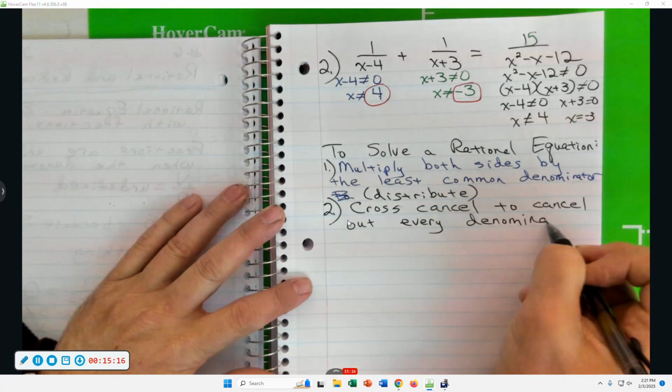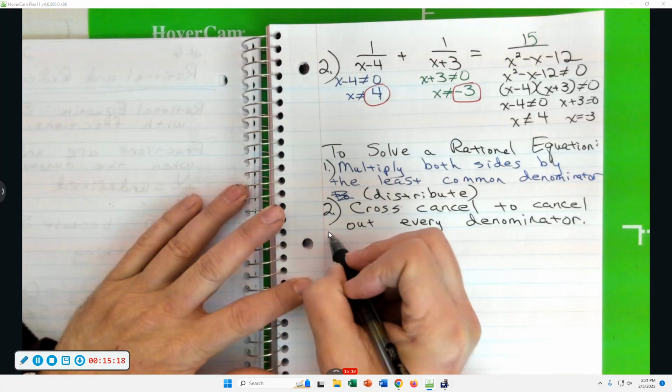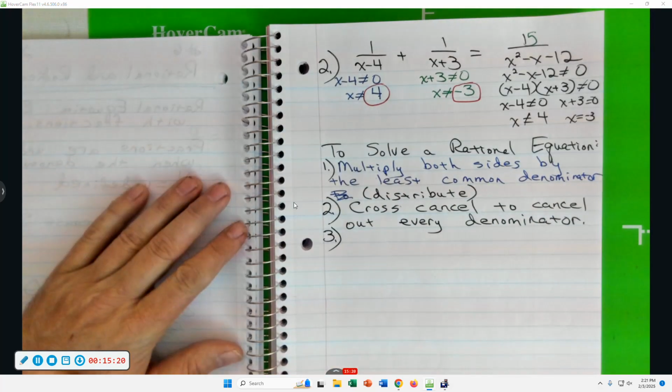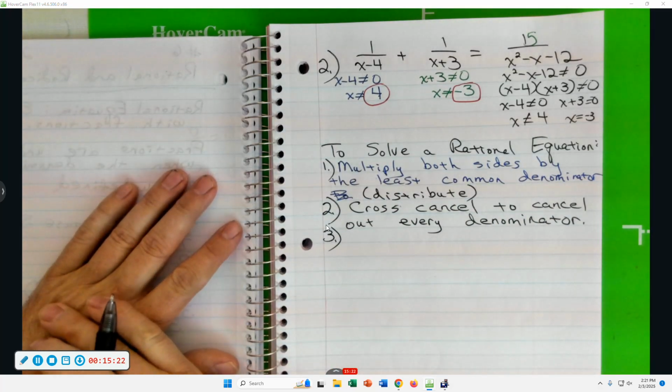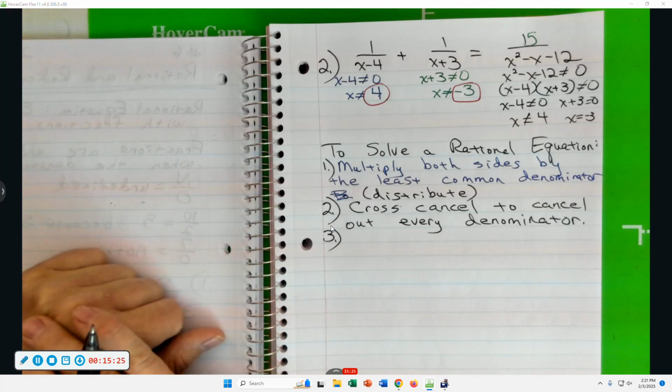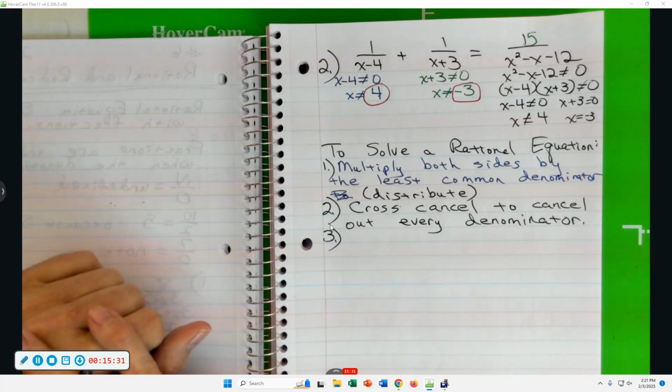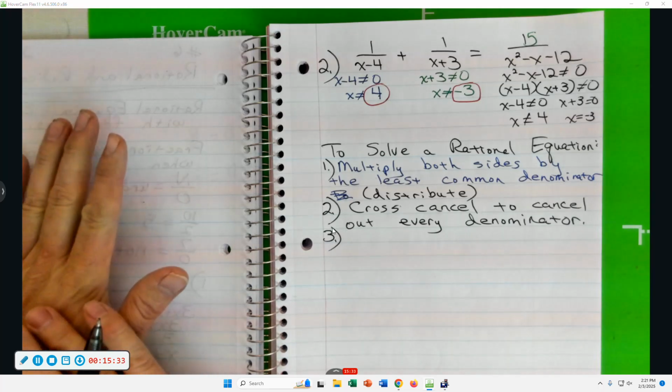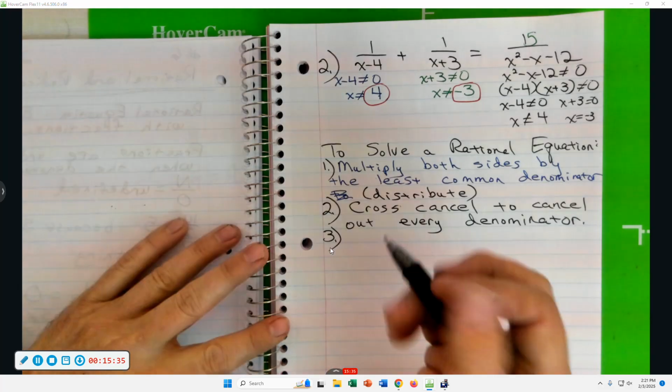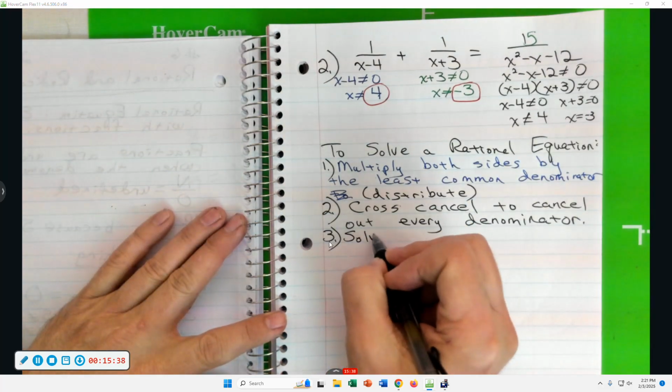Let's see. Number 3, at this point you'll have an equation that doesn't have fractions. It'll either be linear or quadratic. And we know how to solve both of those types of equations. So I'll say solve the equation.